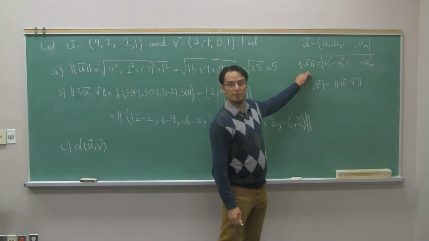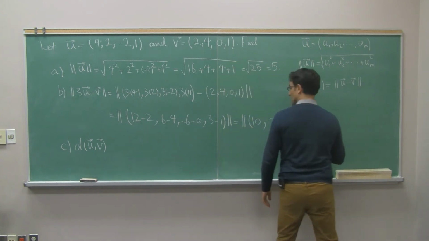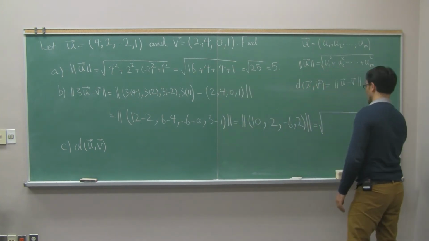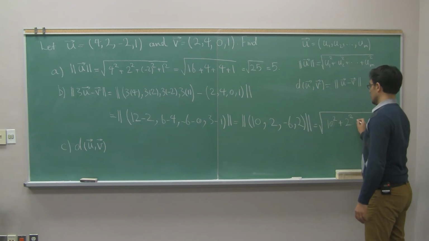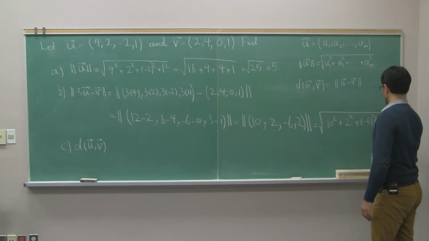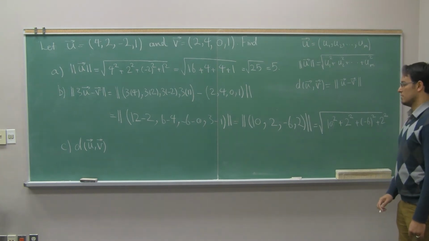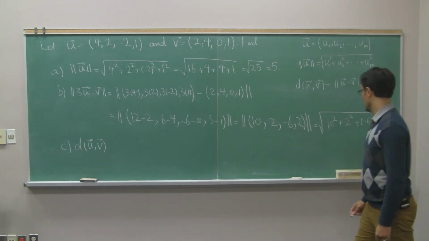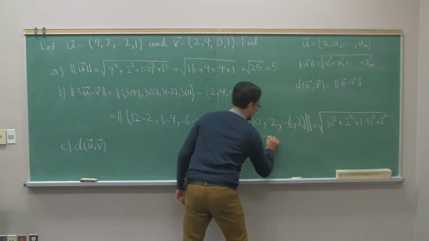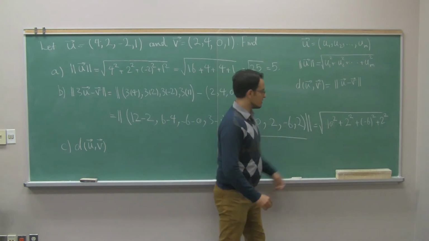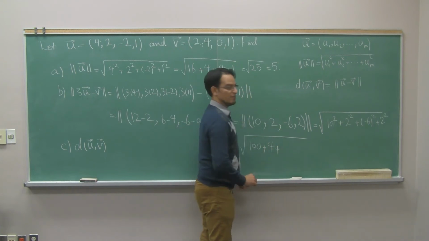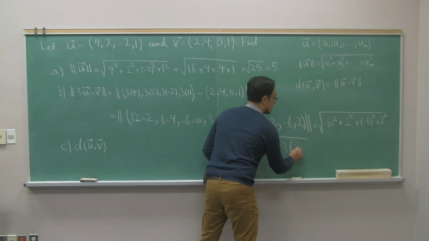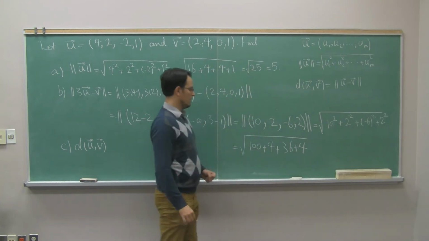And I can use this formula to find the length. So what I need to do is find the square root of the first component squared, second component squared, third component squared, and last component squared. Let me continue here. So 10 squared is 100 plus 2 squared is 4, negative 6 squared is 36 plus 2 squared is another 4.